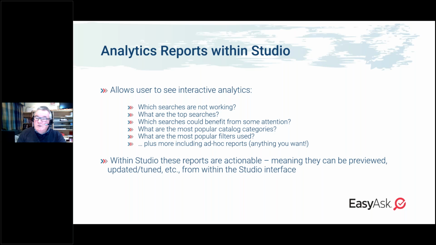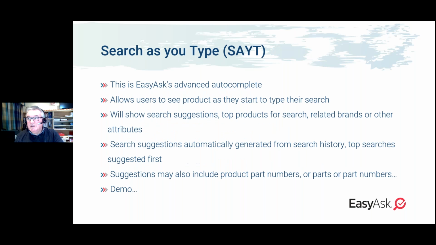Another thing we get asked a lot about is what we call SAYT, or search as you type. Search as you type is EasyAsk's very advanced autocomplete system. In other words, it's going to start showing suggestions as the users start to type their search.